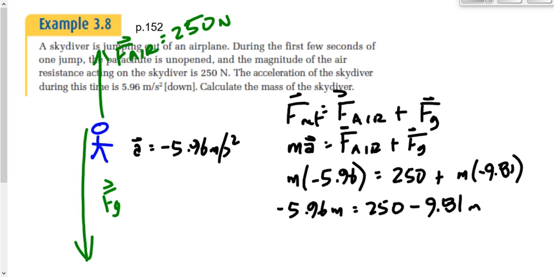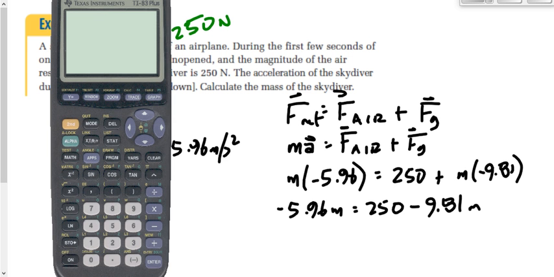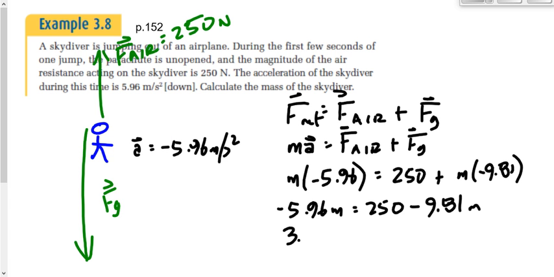How do I do that? Yep, it's subtract 9.81 m, so I'm going to take it over by adding. That means we've got negative 5.96 m plus 9.81 m, which gives me 3.85 m. So on the left-hand side, 3.85 m equals 250.